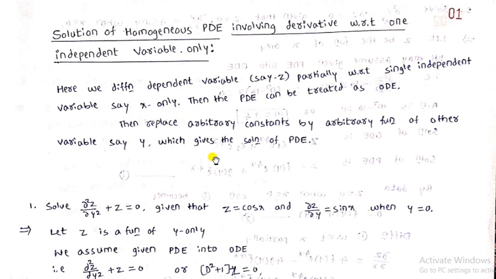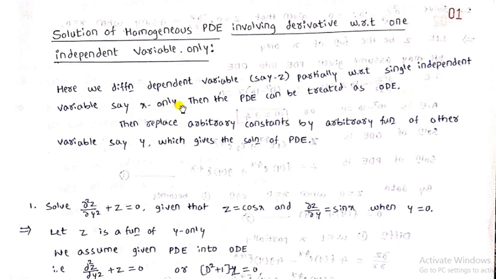If z is differentiated partially with respect to a single independent variable x only, then the PDE can be treated as an ordinary differential equation.